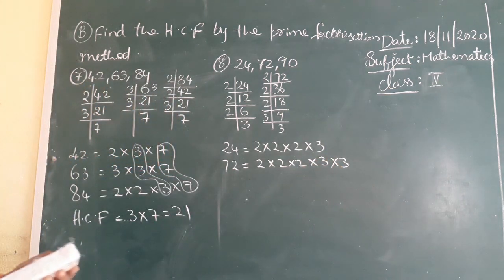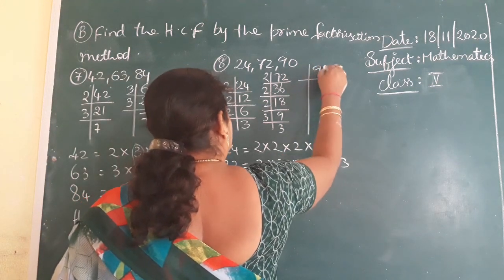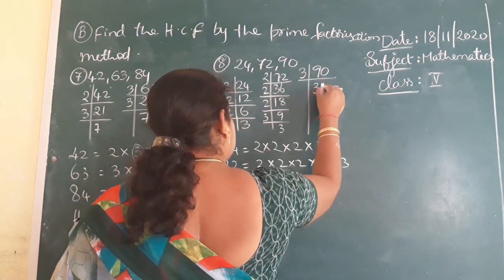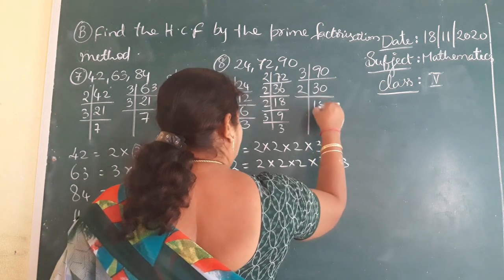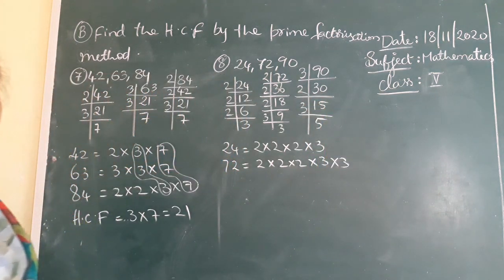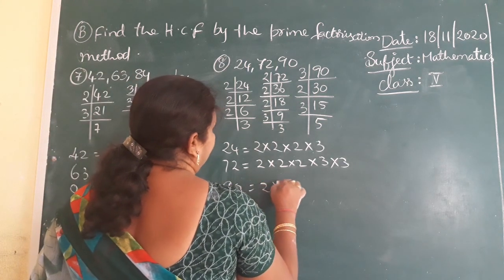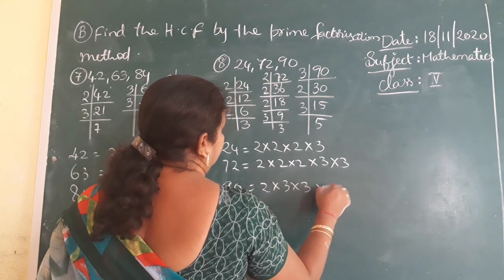Last one more number, that is 90. 3 30s, 2 15s, 3 5s. Okay, now write 90 as 2 into 3 into 3 into 5.